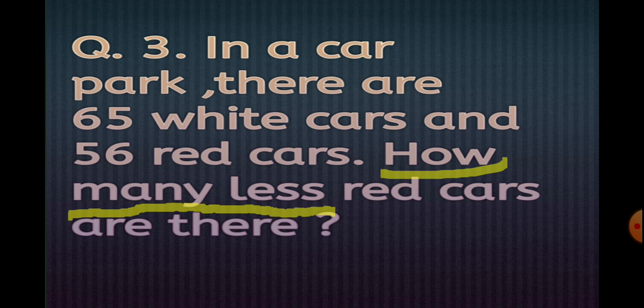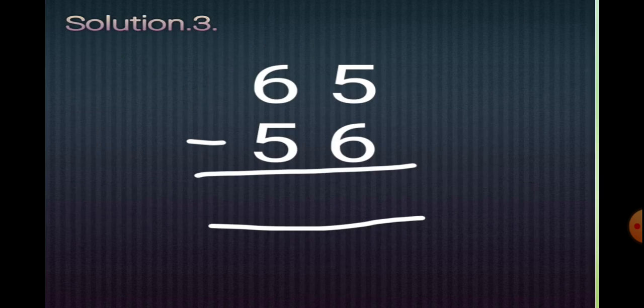65 is greater, 56 is smaller. So we subtract 56 from 65. Again, the same problem is here. So we do subtraction by regrouping.